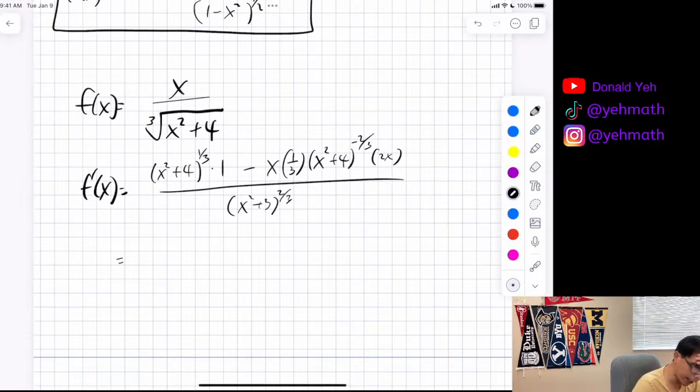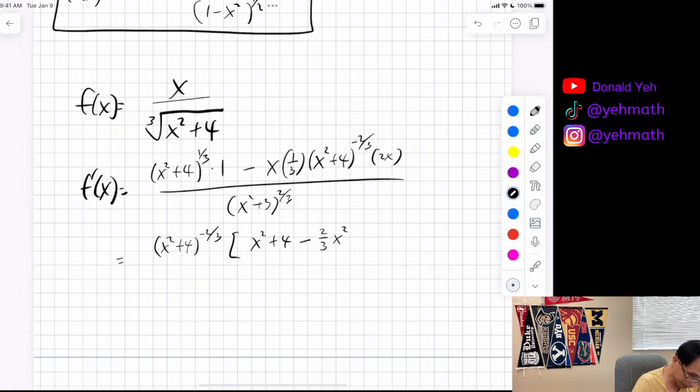And now I will factor out x squared plus 4 to the negative 2/3. Guys, x squared plus 4, this is to the first power. Now whatever I have left is actually minus 2/3 x squared over x squared plus 3 to the 2/3.